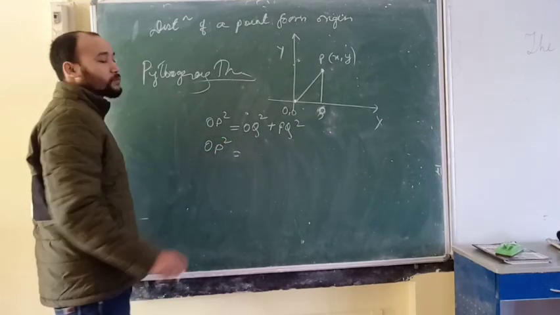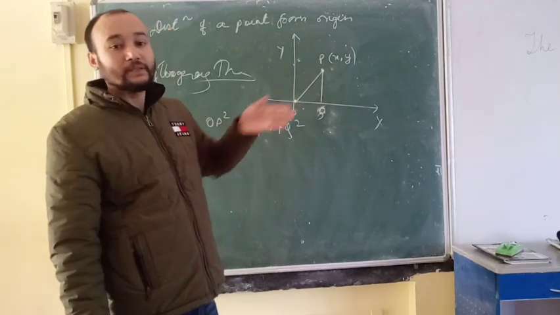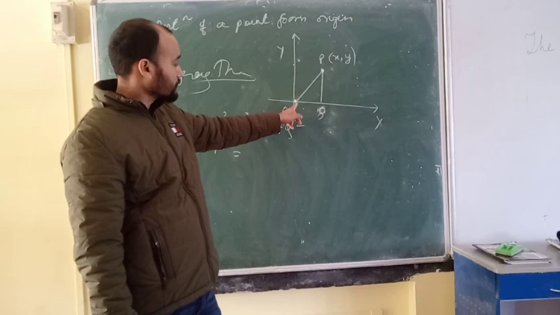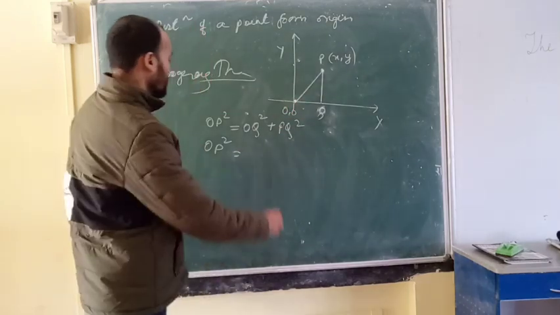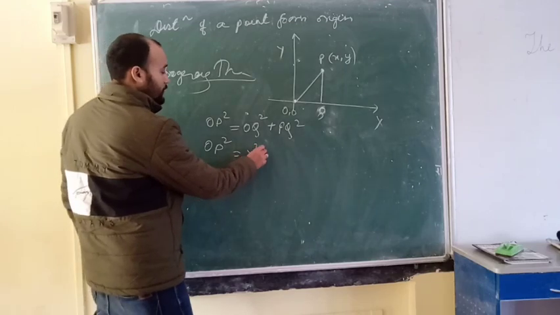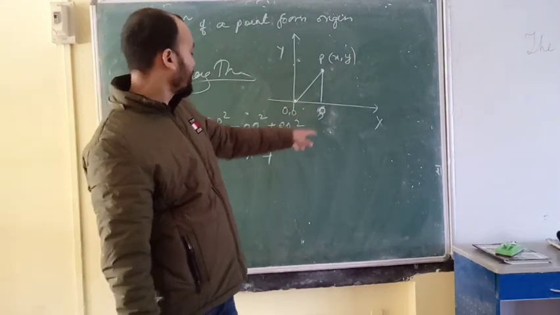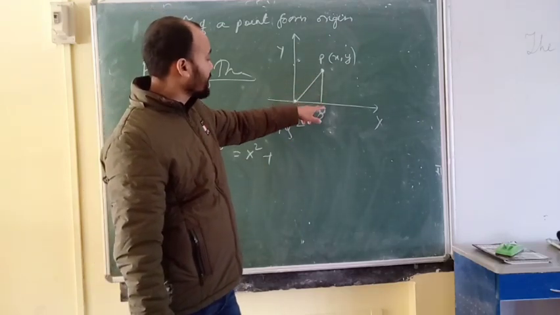Now what is OQ square? If you go from O to Q, which axis are you following? The x-axis. So what is the value of O to Q? It is x. So we have x square. Secondly, what is the value of the distance between P and Q?